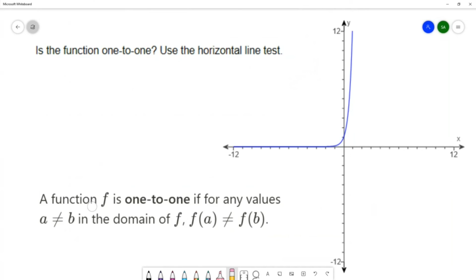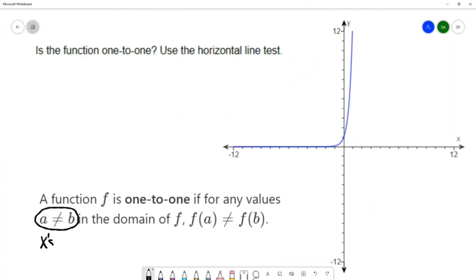A function f is one-to-one if for any values of a not equal to b in the domain of f, f of a is not equal to f of b. So a and b are in the domain, so these are x's.